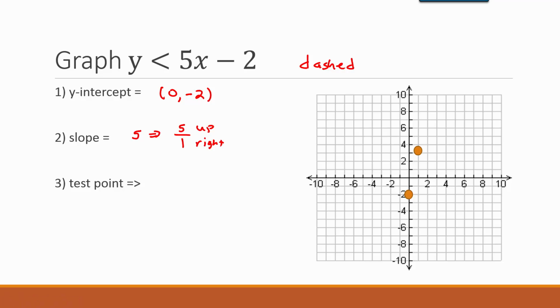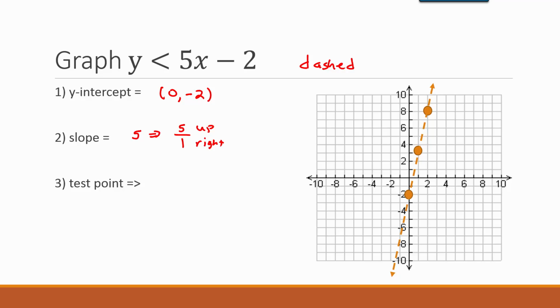And then we could plot another point if we chose to. Again, we could go up 5 places from this point and to the right 1 place and plot another point. Now, since I do not have the or equal to bar, I would have a dashed line.